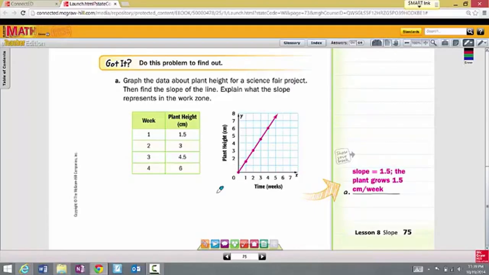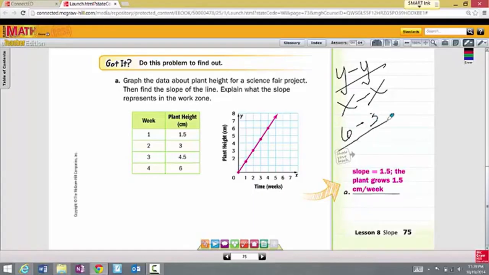Now when you calculate your slope, y minus y over x minus x, I wouldn't use the decimals. You could, but I would just use the whole numbers, and go down to the 0.3.